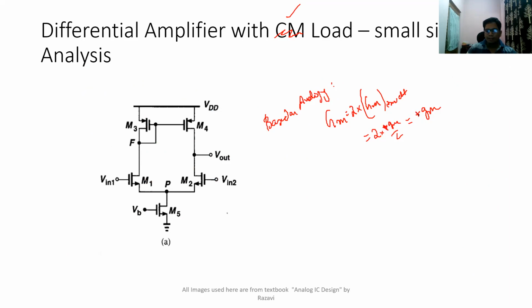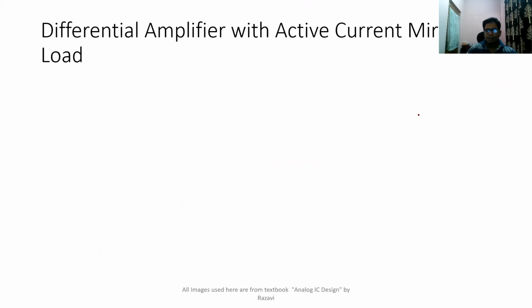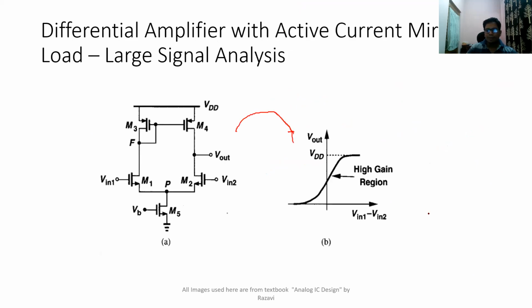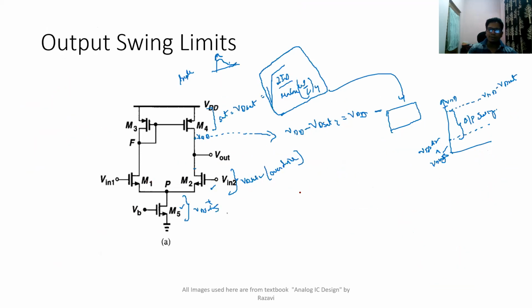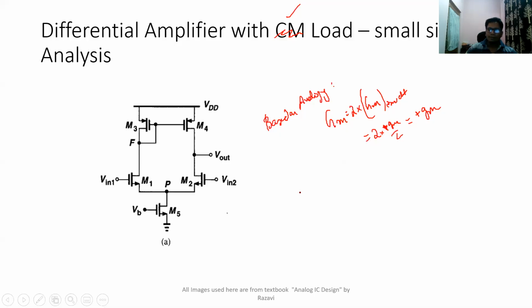Okay, because the characteristics, if you see earlier, when V in is becoming positive, the output is becoming positive. When V in is becoming negative, output is becoming negative. So it actually has a positive GM. Okay, so the original circuit was GM by 2, now it is multiplied by 2, so you will get a GM of 2 for this particular circuitry.